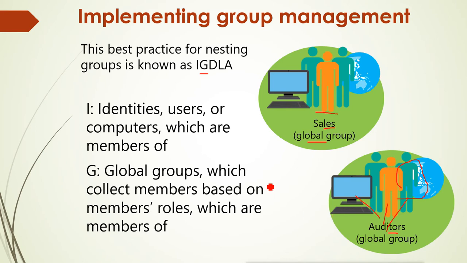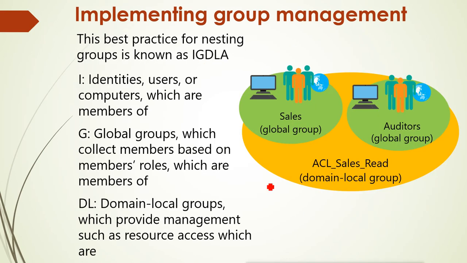Now after the global group, we do what? We make that global group a member of the domain local group, which is inside the domain. That means it is only for this domain.